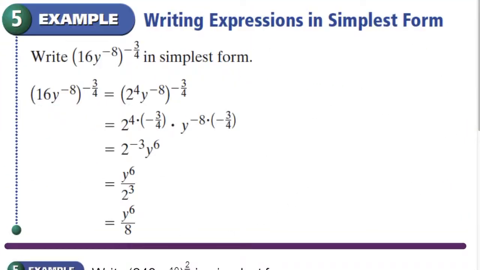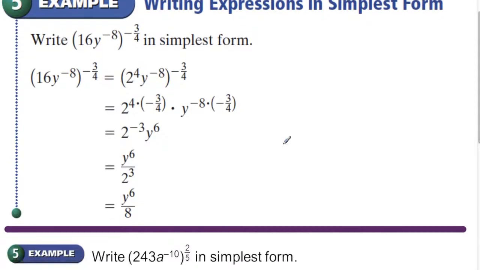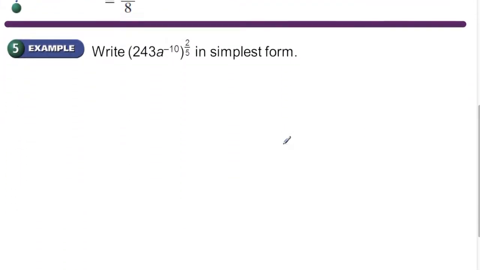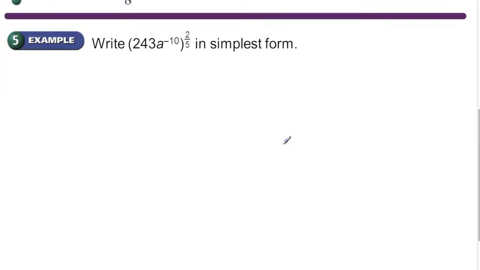All right, example 5. Writing expressions in simplest form. Look at our friends. We have 243a raised to the negative 10, all of it to the 2/5.